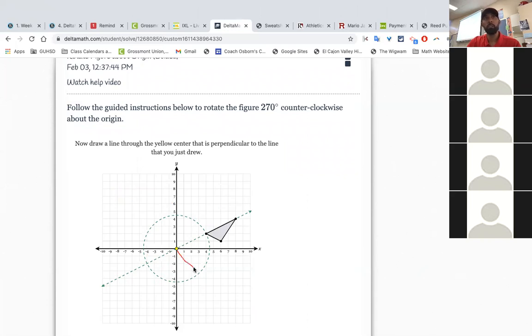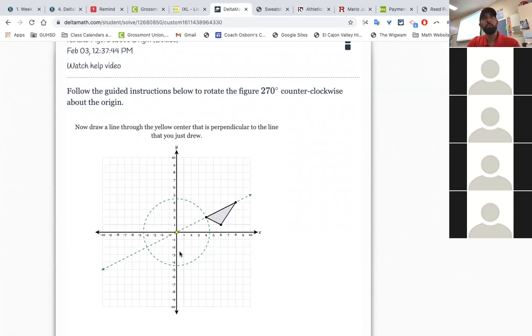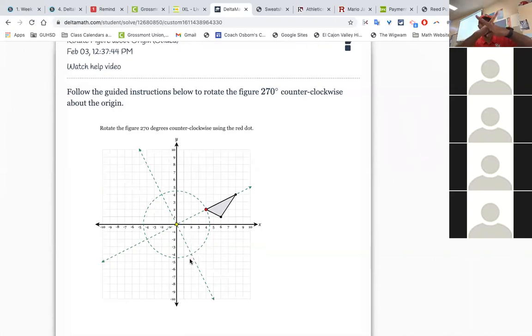Well, perpendicular means that, oops, sorry, I meant to turn that off. Okay, so now I'm going to click and make sure my line is perpendicular. In other words, it should be at 90 degrees, like this. Okay, and that's going to help me figure out where my next point is going to go.